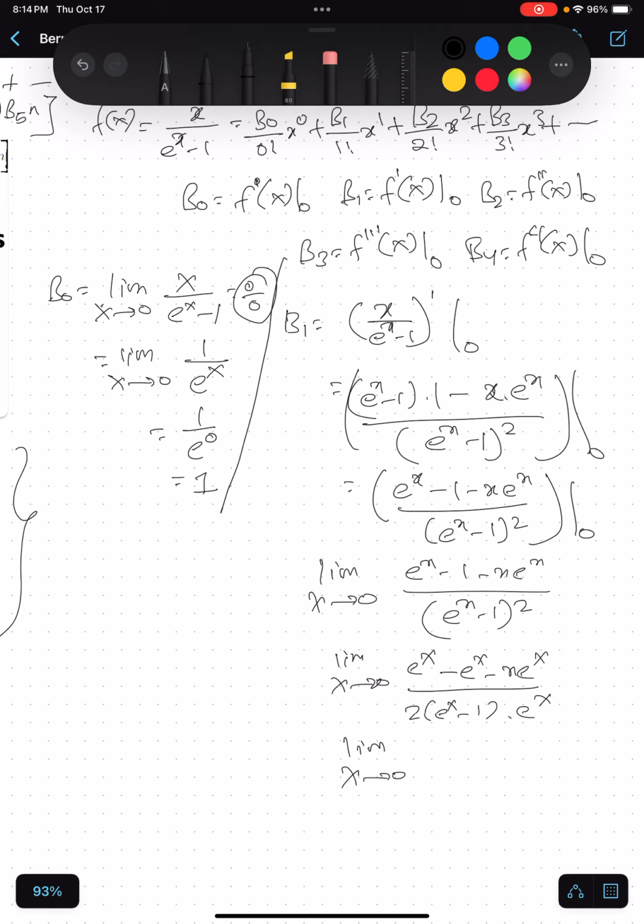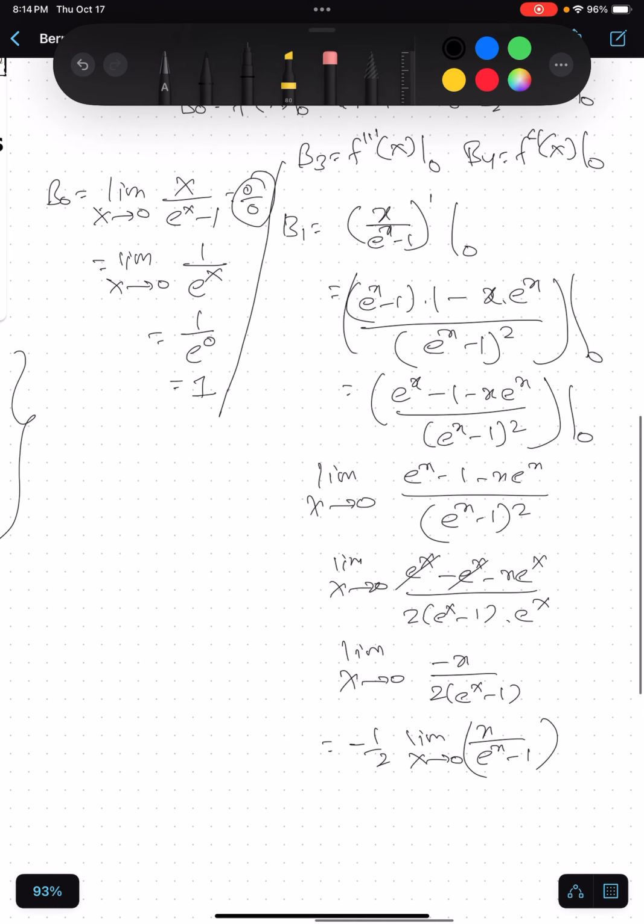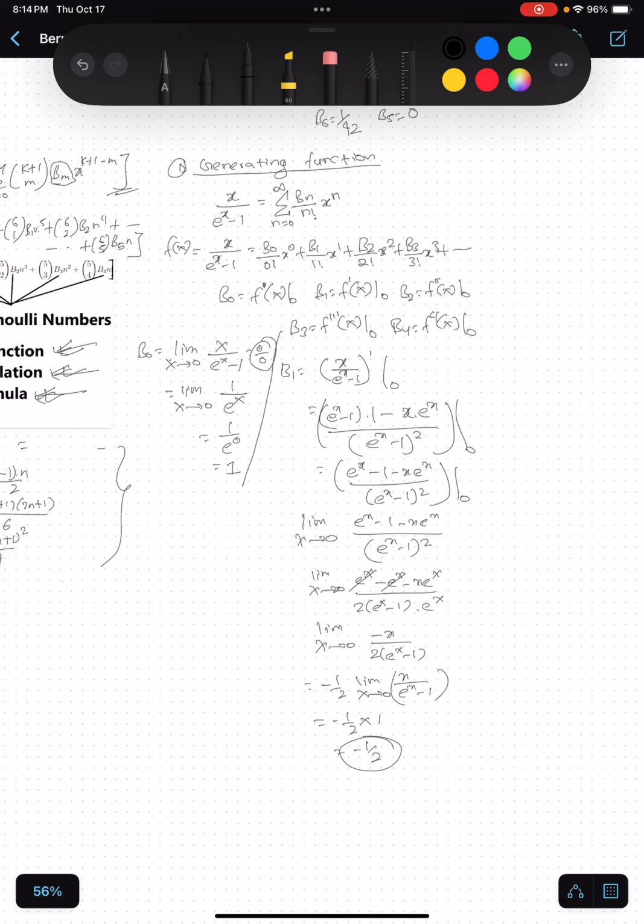Let's try to simplify it. Now these two just cancel out, and then e to the power x also cancels out, so we have minus x by 2 times (e to the power x minus 1). So this is minus 1 by 2 times the limit as x goes to 0 of x by e to the power x minus 1. Now we know that this limit is 1 from the previous example, so minus half times 1, which is minus half. So we see that these two values are satisfied.